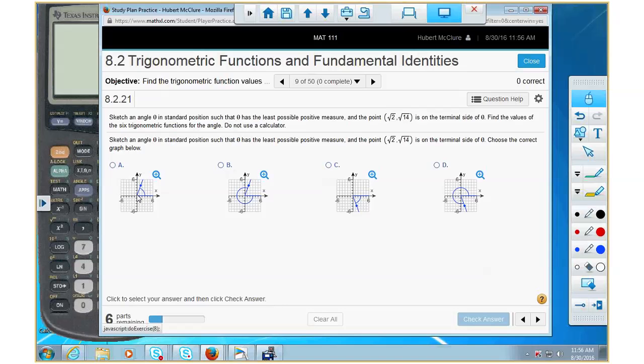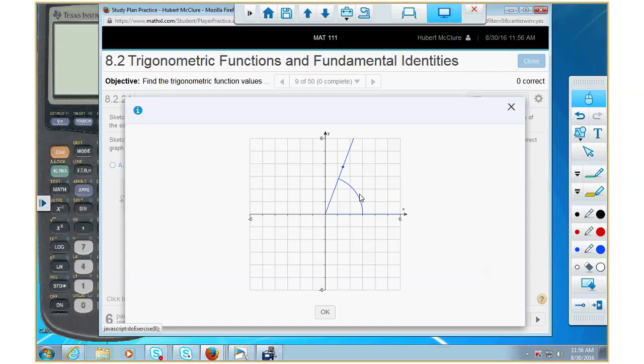Either one of these could be right, but they're looking for the terminal side versus the coterminal. So that's the answer.